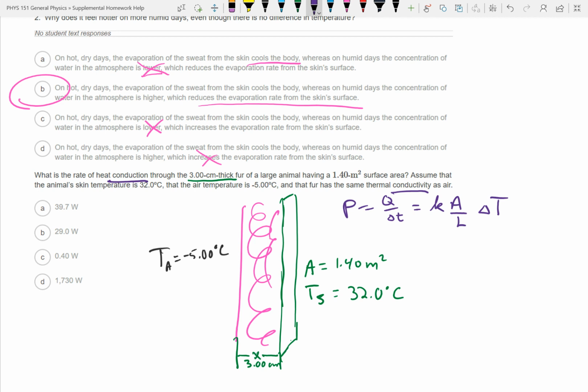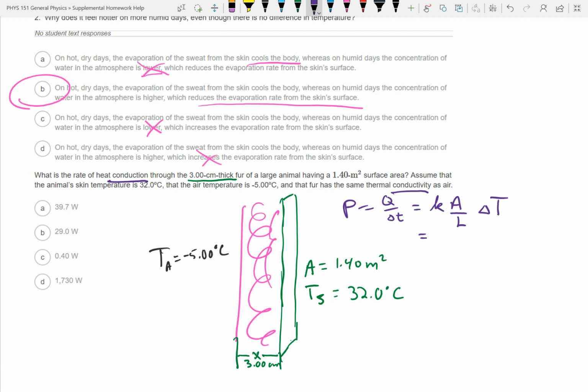So we've got the equation. We've got the picture. I just take all my information from the picture, except I need to look up what thermal conductivity for air is. We better have a table.